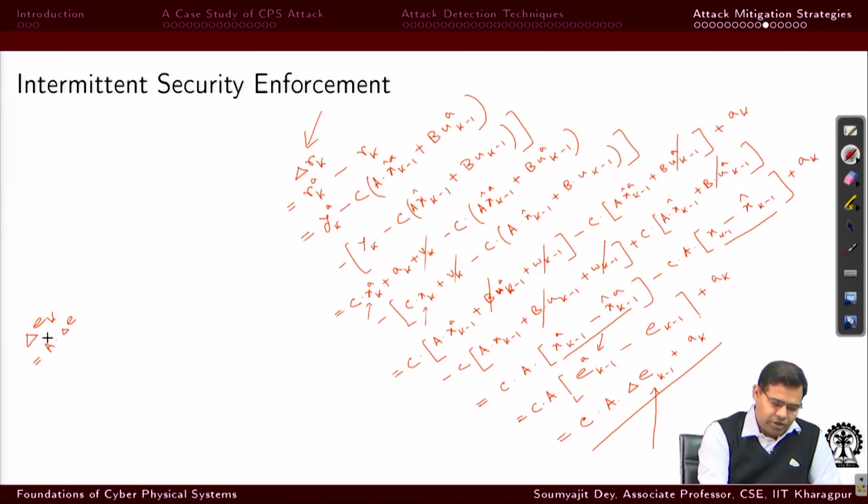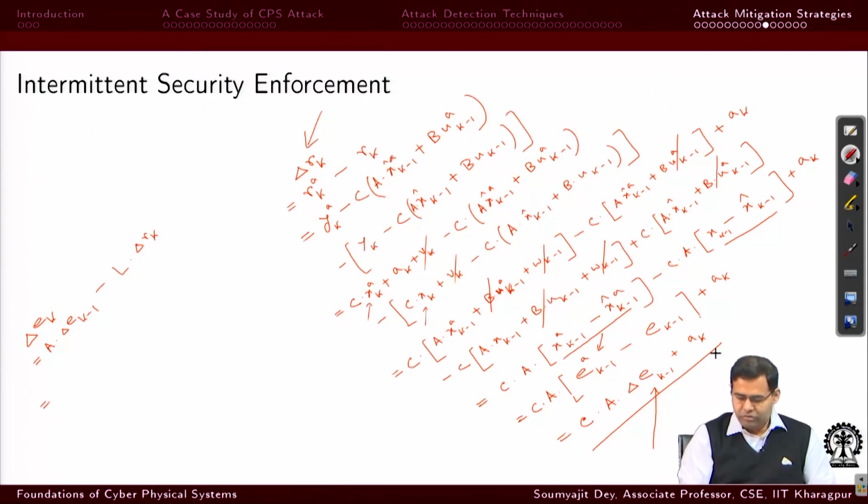The incremental estimation error due to attack in the kth step is related to the incremental estimation error due to attack in the k minus 1th step with the incremental residue using this relation that we derived. And now here you can substitute this value and let us see what we get.